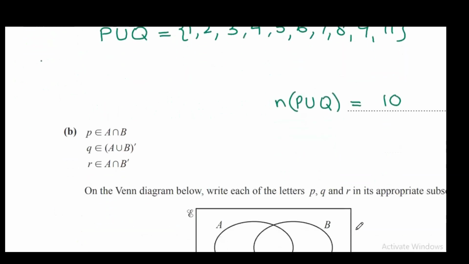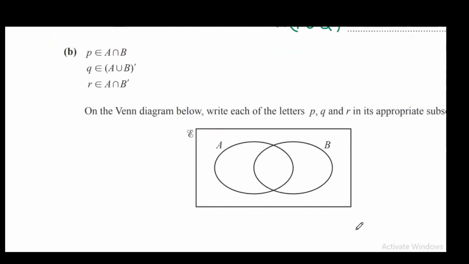Now, in part B, you should know the idea of this symbol first. It means is an element of. Simply you can say element of. And what is the symbol?